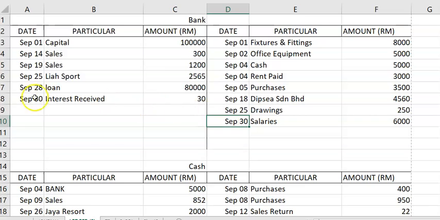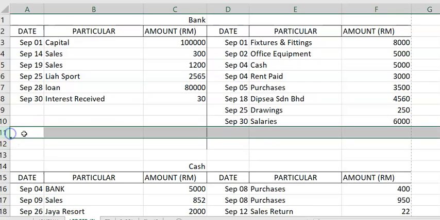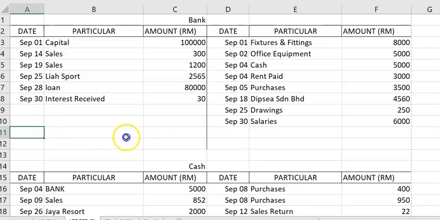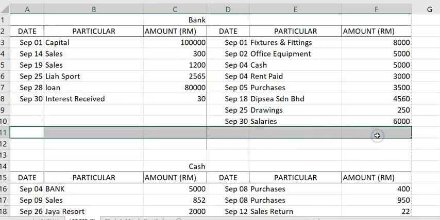Even though on the debit side the transactions recorded ended at row 8, the credit side of the account has its last transaction at row number 10. So row 11, leave it blank. This is the first step that you need to do.